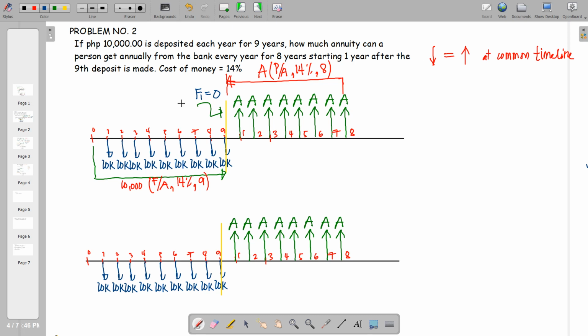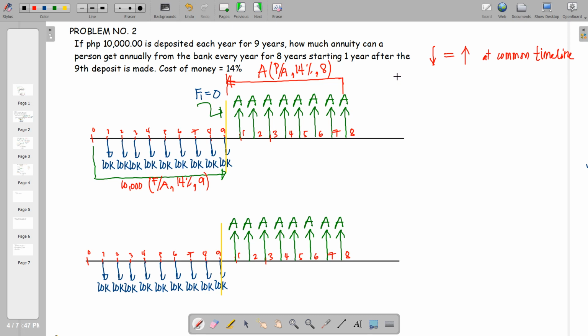So, ibig sabihin, parang quits lang yung pagbayad at yung earnings ng withdrawals. So, kapag nagsalubong sila dyan, pababa minus pataas, equal to 0. So, meaning, downward cash flow is equal to upward cash flow at a common timeline. And your common timeline is this yellow mark here.